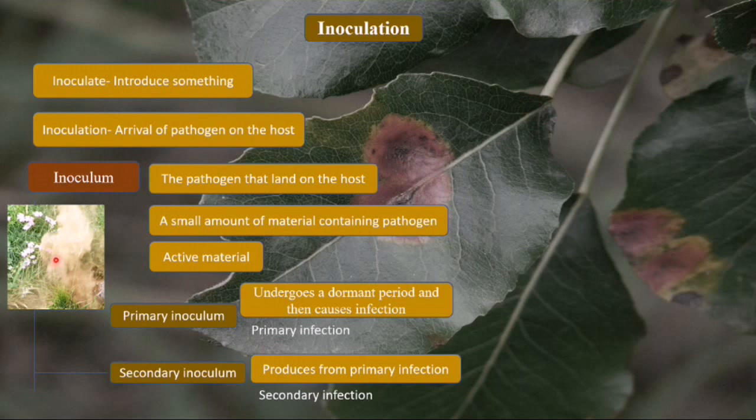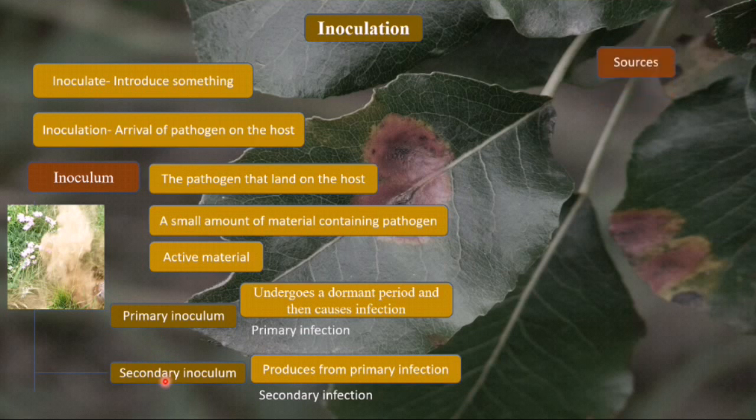So these particles that are moving are actually fungal spores, and this is inoculum, right? So this is called inoculum, that is, it contains spores of fungi. So this is an active material, this is going to infect another plant, right? So this is inoculum. Now this inoculum could be primary and secondary, right?